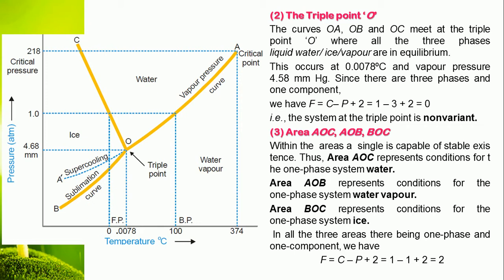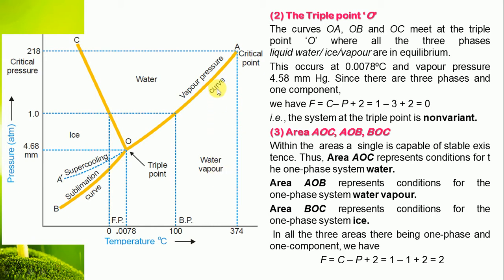This point will have a temperature less than 0 degrees Celsius, and a pressure below 4.68. So you can see that this whole area represents a wide range of temperature and pressure. The range of temperature encompasses below 0 degrees Celsius, it also encompasses greater than 100 degrees Celsius, and everything from this point to this point.